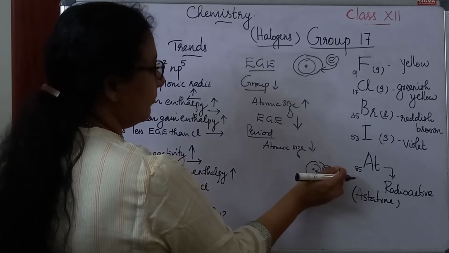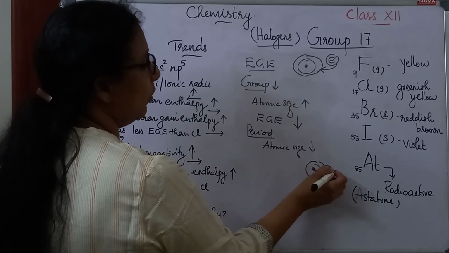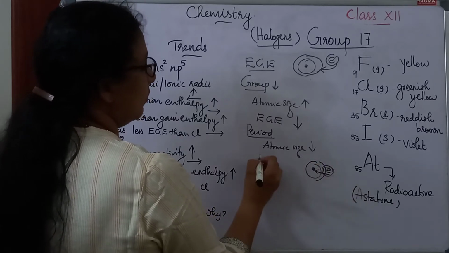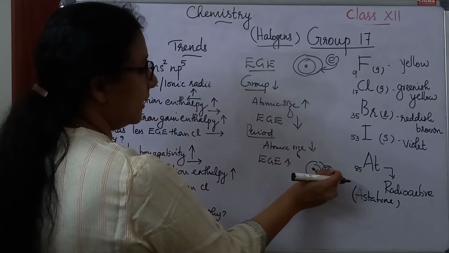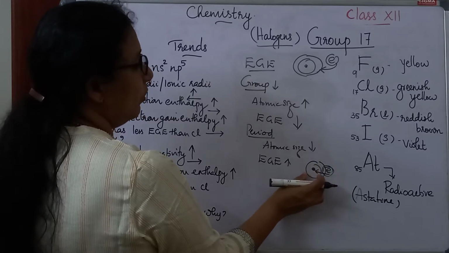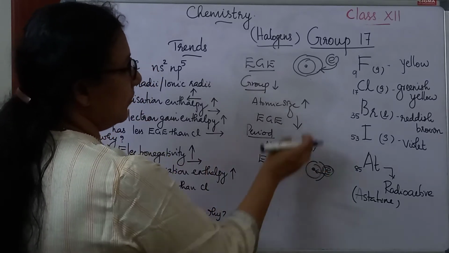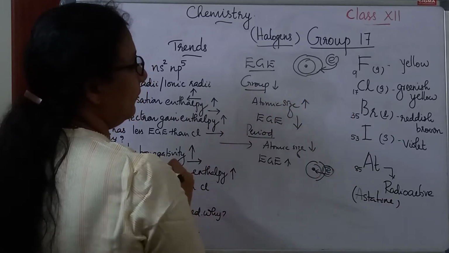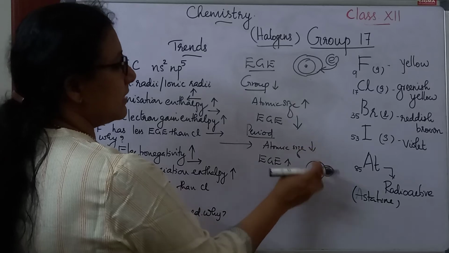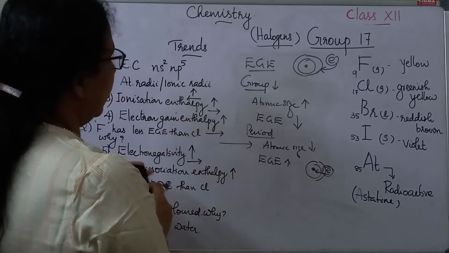When an electron is added, the nucleus will hold that electron, so more energy will be released, since the size is very small. So when we are moving from left to right, the atomic size decreases, so the electron gain enthalpy increases.